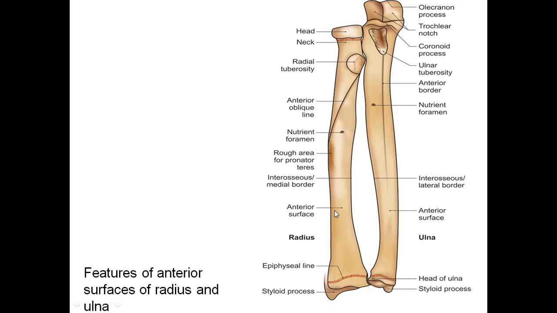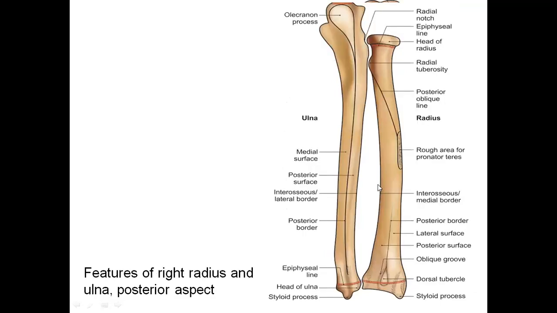Behind, between the medial and lateral borders, this is the medial border which is also the interosseous border, and this is the lateral border. Between the medial and posterior border, whatever surface you find here is the posterior surface.